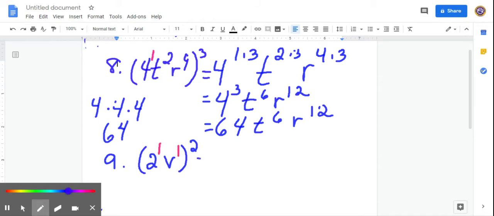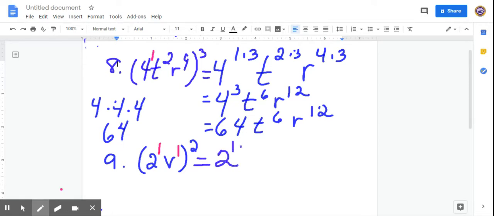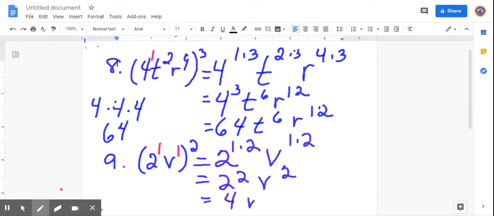So when we do a power to a power, we keep the base and we multiply the exponents. So we get 2 squared v squared, which is 4v squared. Some of you squared the 2 but forgot to square the v, and vice versa, squared the v and didn't square the 2.